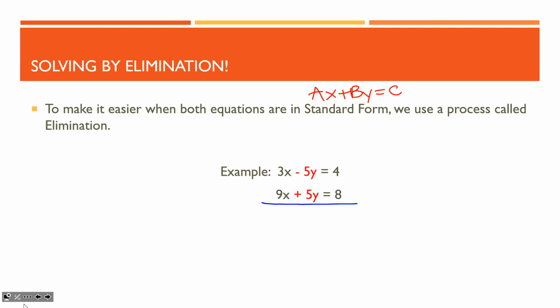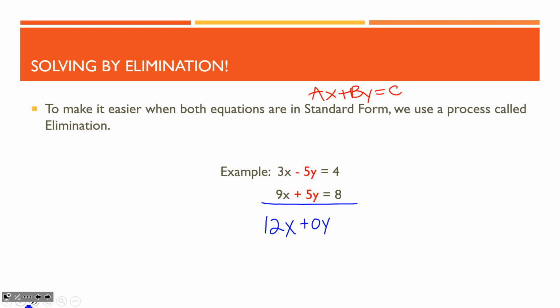So I can add 3x plus 9x and get 12x, right? And then I'm going to add negative 5y plus 5y. Well, negative 5 plus 5 is 0y, right? And 0 times y, or 0 times anything, is just 0.